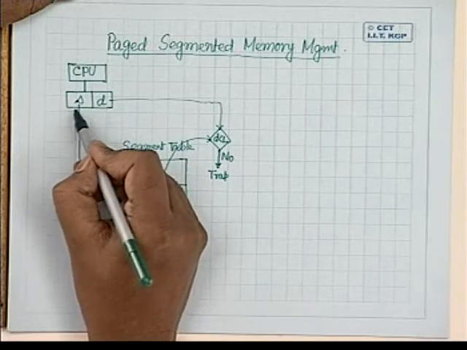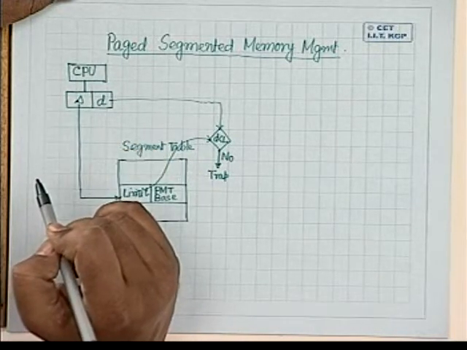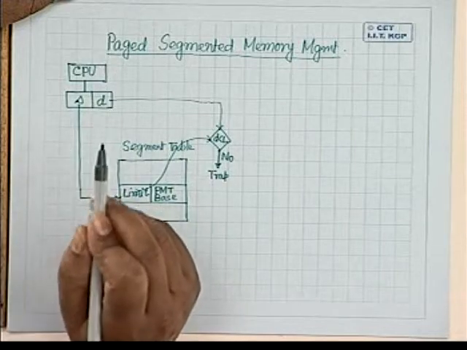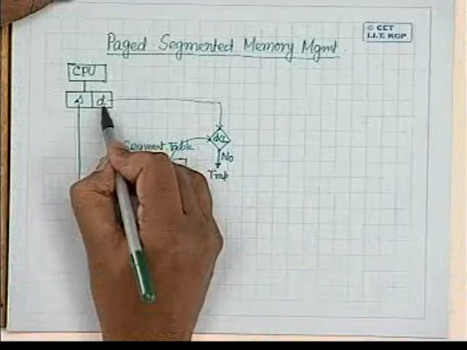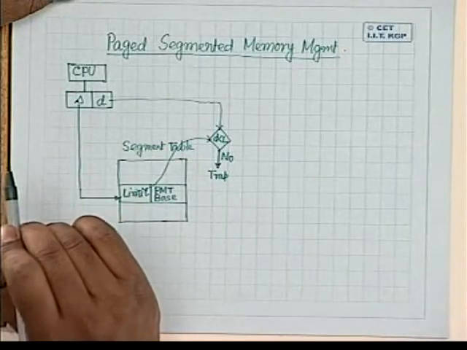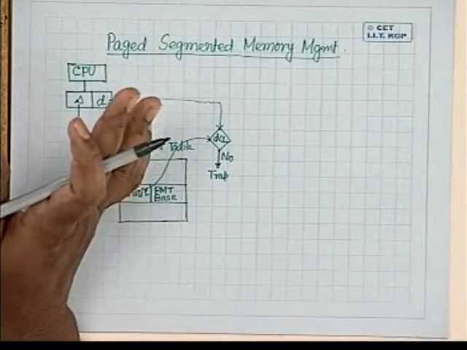And we are breaking every segment into a number of pages. So the page number and the offset within the page that we generated from the logical address in paged memory management, the same can be applied on this offset D within the segment, because now every segment replaces every user program of paged memory management.